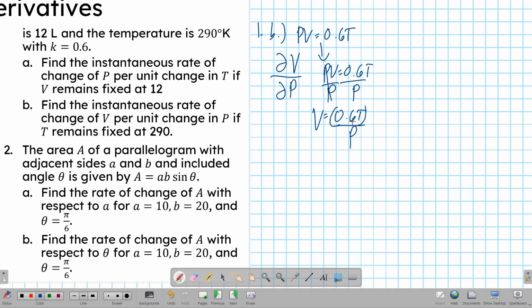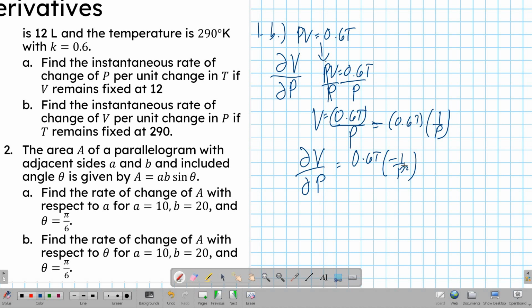Now, if we are to find the derivative in terms of P, then 0.6T is the one that becomes constant. Therefore, the partial derivative of V in terms of P will be equal to 0.6T times the derivative of 1 over P, which is negative 1 over P squared.